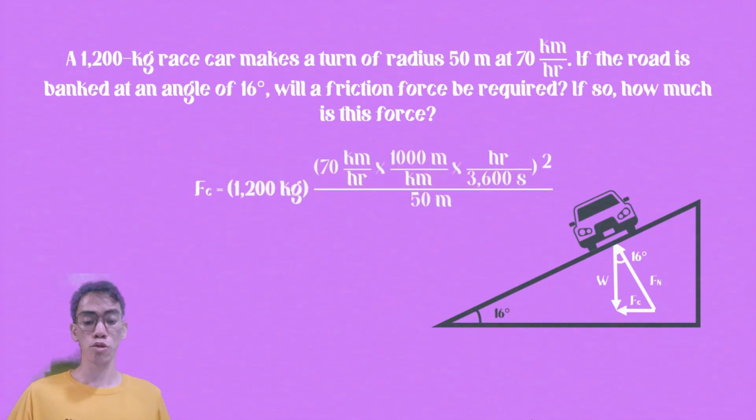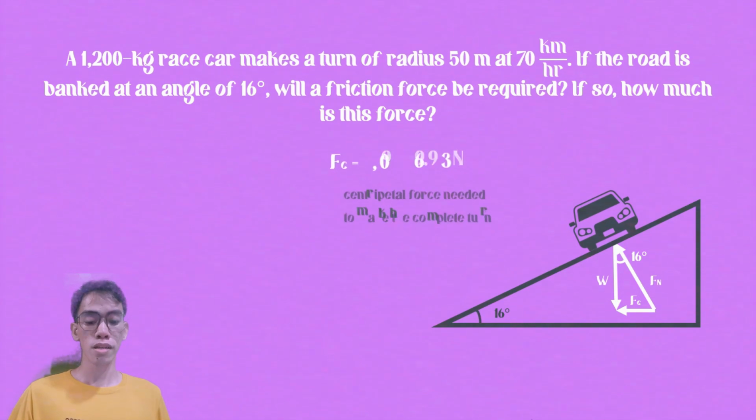Centrifugal force is equal to 1,200 kg times the velocity of 70 km per hour times 1,000 meters over 1 km times 1 hour all over 3,600 seconds, squared, all over 50 meters of radius. The centrifugal force needed to make the complete turn is equal to 9,069.93 Newtons.